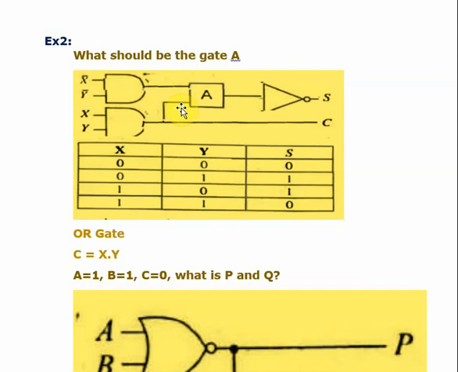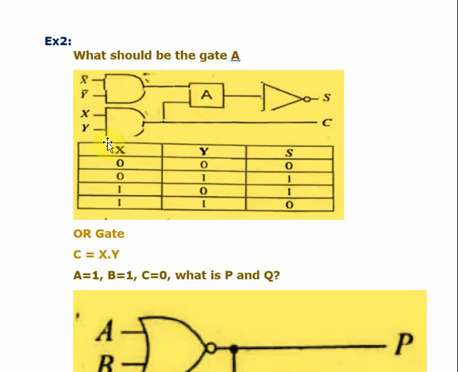Then you see the output, it is given 0 on output here. So that means it is coming through a NOT gate. So definitely here the value should be 1. Then after NOT it becomes 0. For this output, first of all this needs to be 1. So this has to be an OR gate.